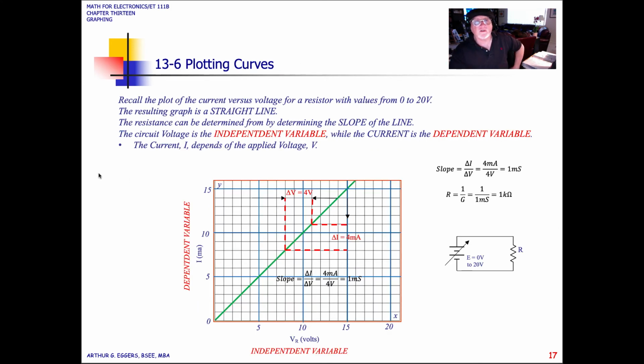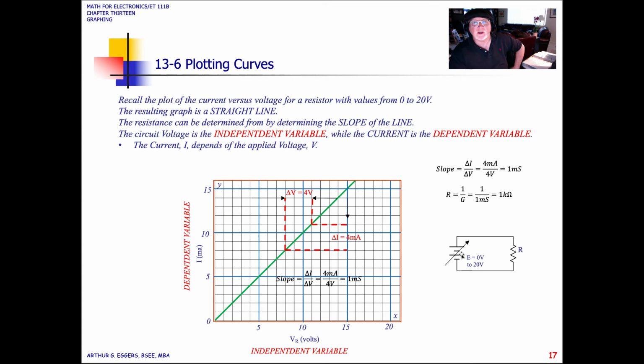In plotting curves, then, if we go back to that circuit we had before with the variable source, this time we're looking at plotting and understanding the independent and the dependent variables. So in plotting this graph, you can see that on the x-axis we have voltage. That becomes our independent variable. Generally, that's what we're going to increase, as you can see from the source over here.